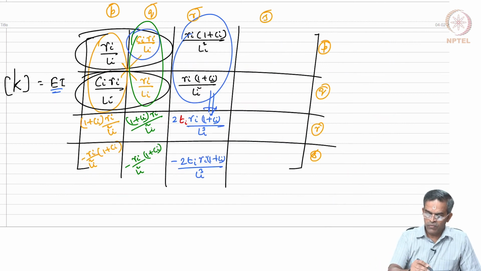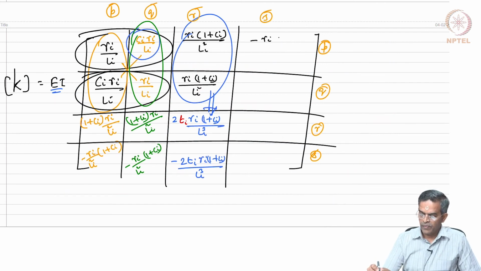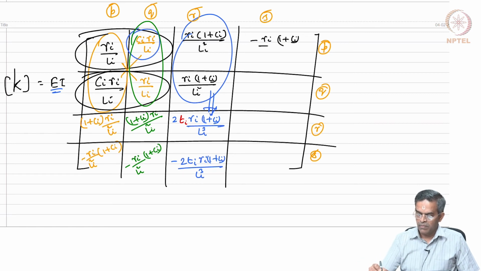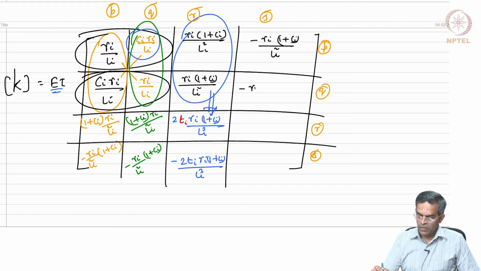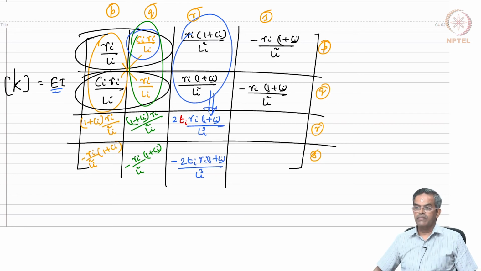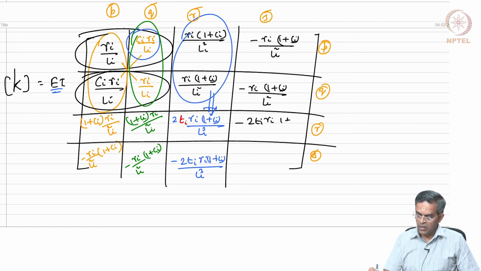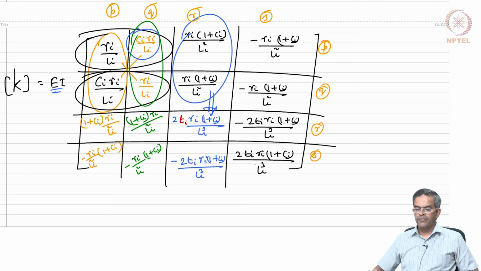So, minus of Ri 1 plus Ci by Li square, minus of Ri 1 plus Ci by Li square, minus of 2 Ti Ri 1 plus Ci by Li cube, plus of 2 Ti Ri 1 plus Ci by Li cube.